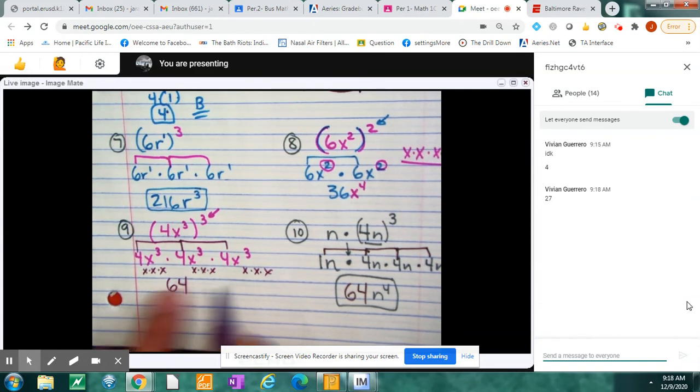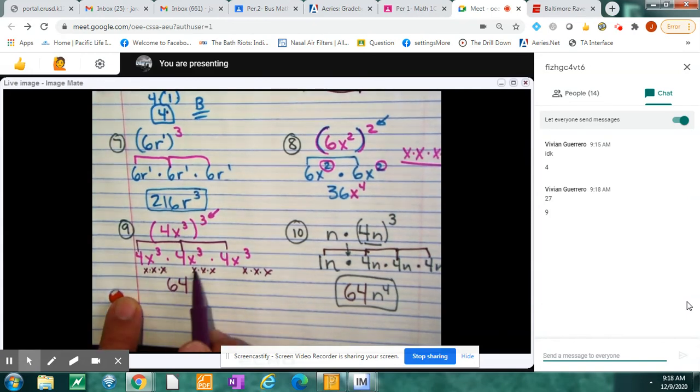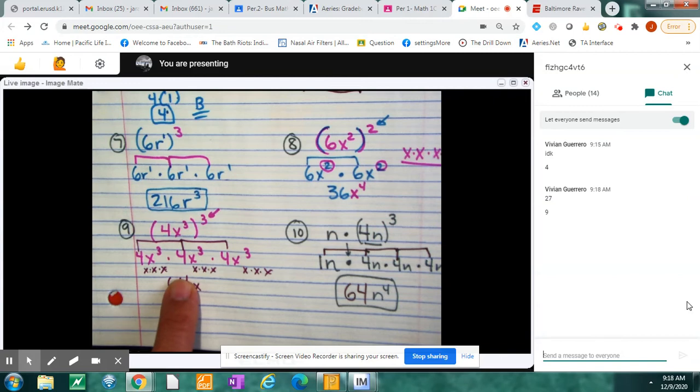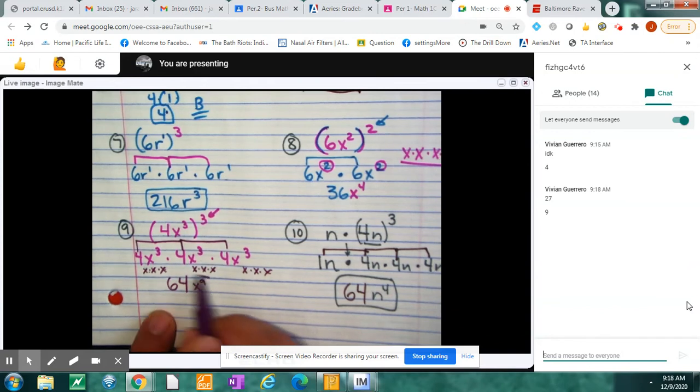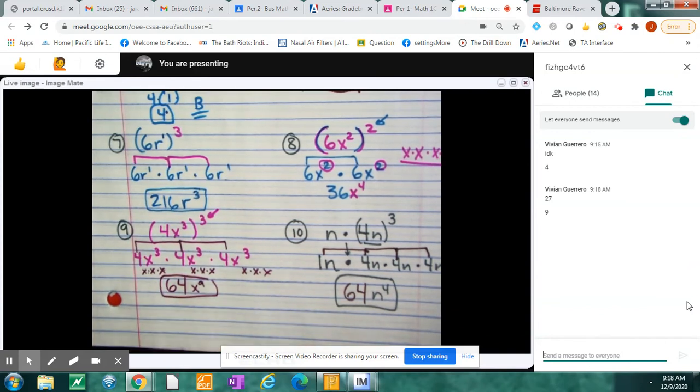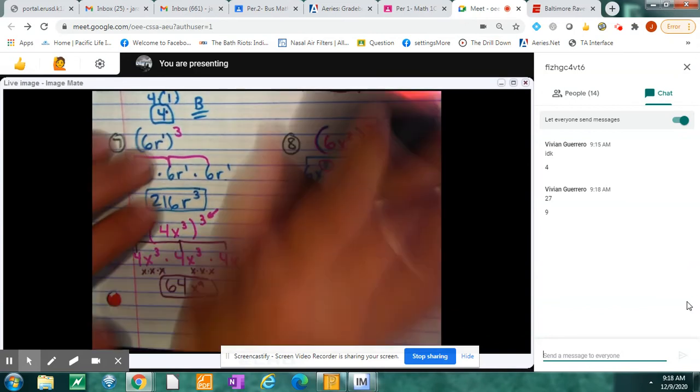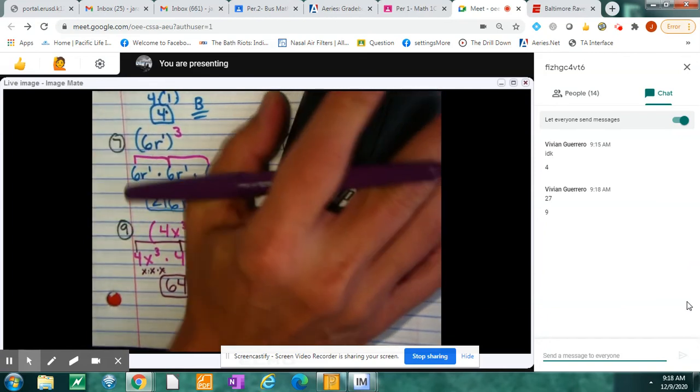No, I have how many? 1, 2, 3, 4, 5, 6, 7, 8, 9. Yes. So remember, the little numbers, you're not going to multiply. Never multiply the little numbers. Never multiply when it's laid out. So x to the 9. Very good. Good job. Oh, my timer went off. Hold on.